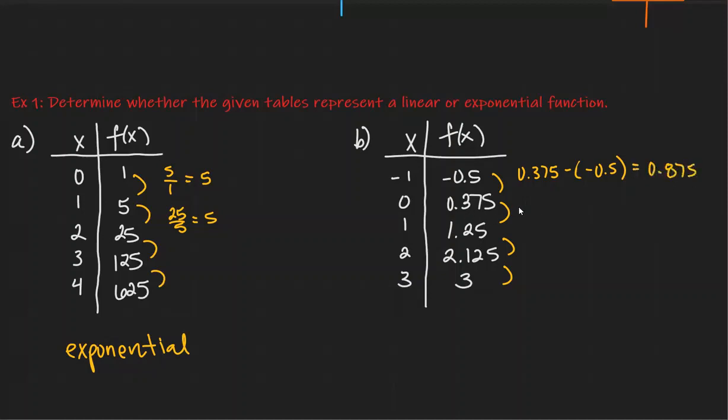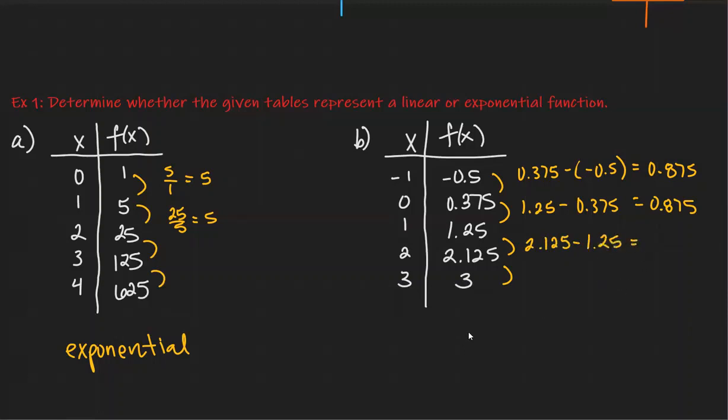Let's hope that the next one's the same. 1.25 minus 0.375. We get the same thing. We get 0.875. And if you do the rest of these subtractions on your own, you're going to get the same difference.